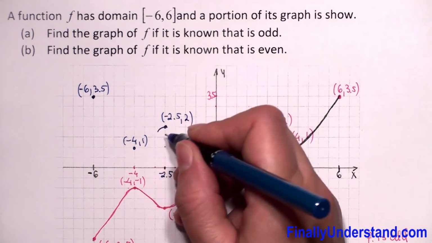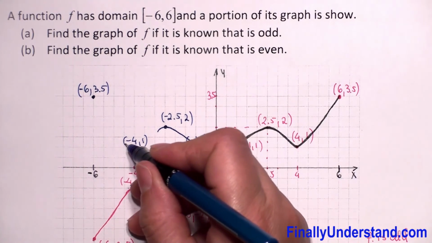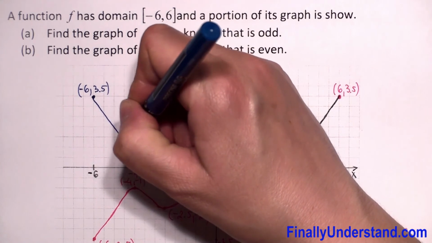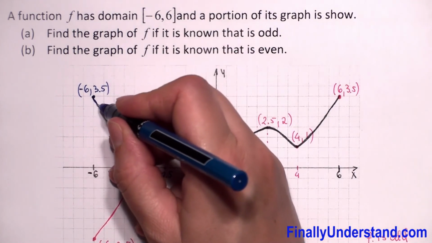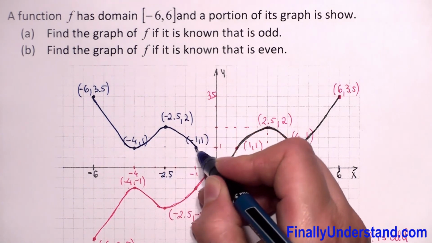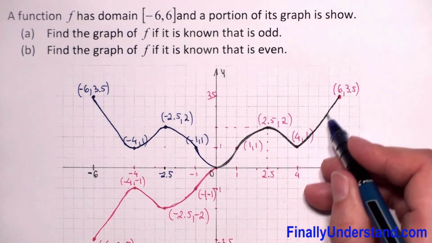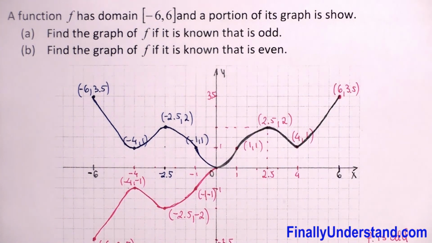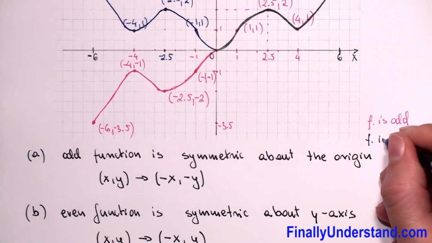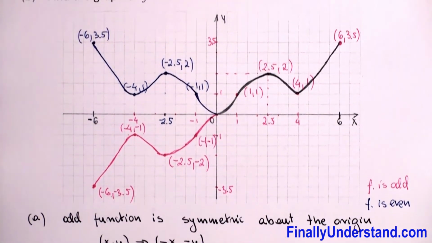So let me just draw this peak first, and okay, now we see that this part is symmetric about the y-axis, so this function f will be even. This is our solution.